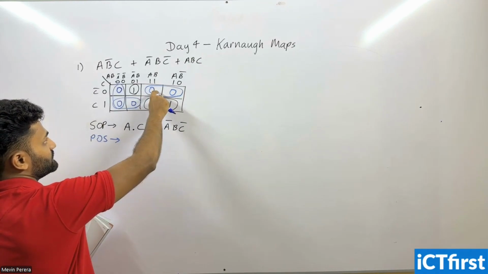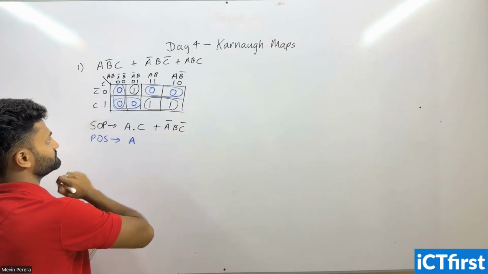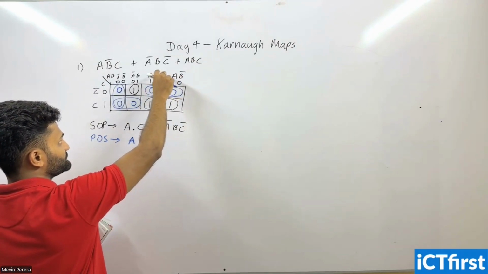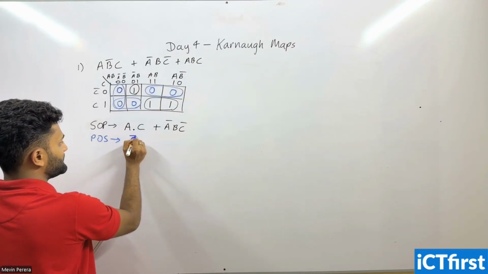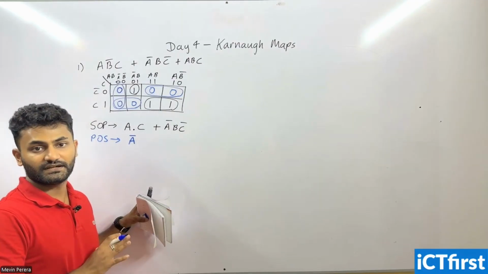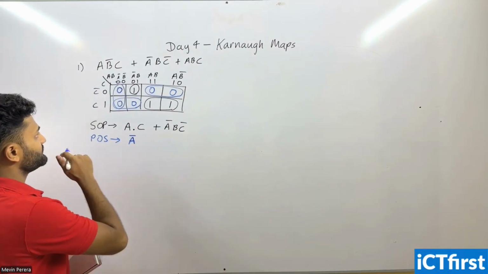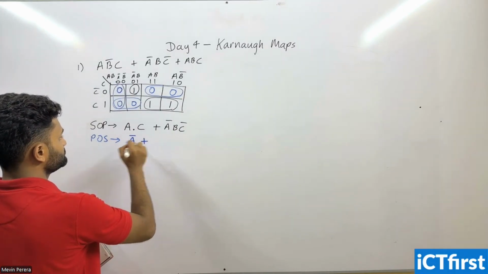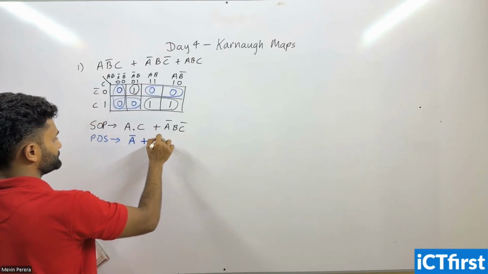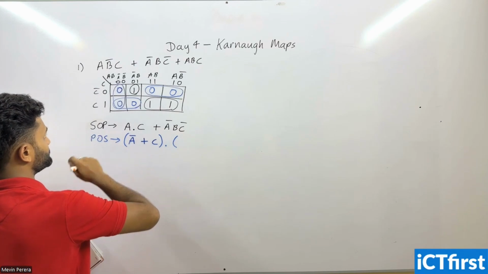So the common one is A, right? So we write A. But the thing is, instead of A, we should put A bar. Then plus, here the common one is C bar, then the answer should be C. Then we are going to the next group.